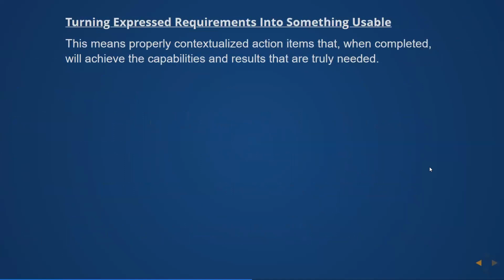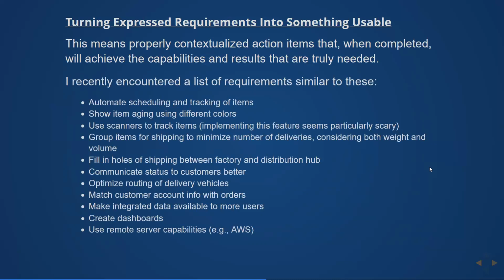So how do we turn express requirements into something usable? And that goes back to that passage I quoted, which means contextualized action items that, when completed, will achieve the capabilities and results that are truly needed.